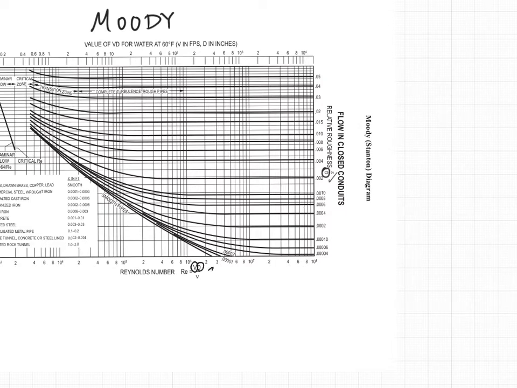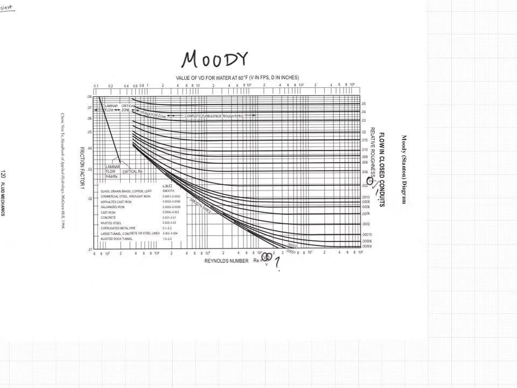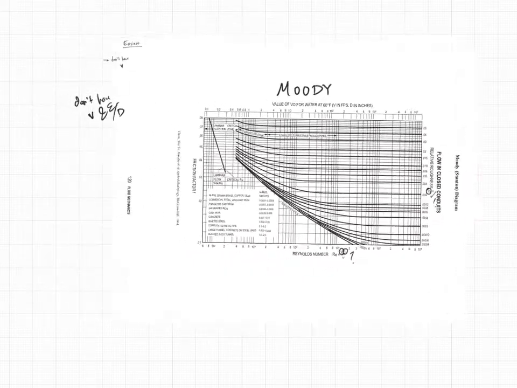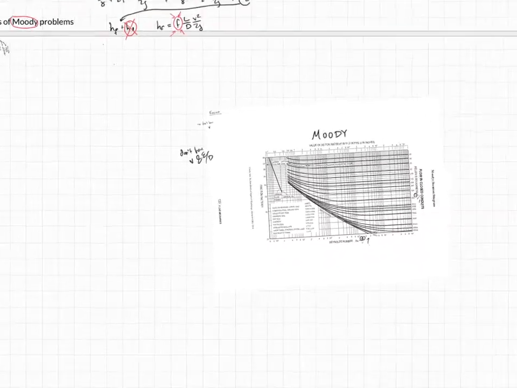So you're confused on this side and on this side, and it's going to be very hard to get the friction factor. In this case, you're going to have to do another iterative solution, but it's an even more complicated one. So that's how they came up with these 3 types.